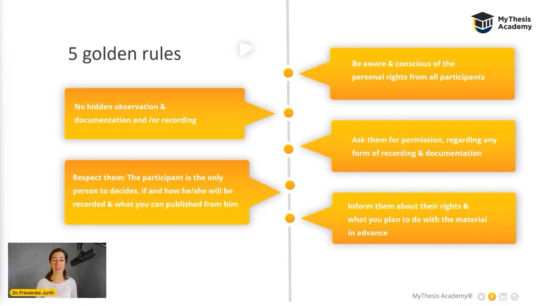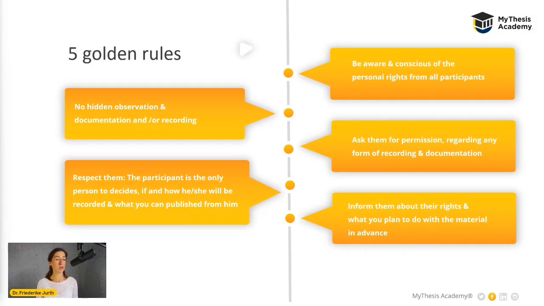This is their personal right to control and to know what is published, independent of the type of source, independent if they appear on a photo, on a recording, or if it is a written transcription of an interview, for example, that you conducted with them.